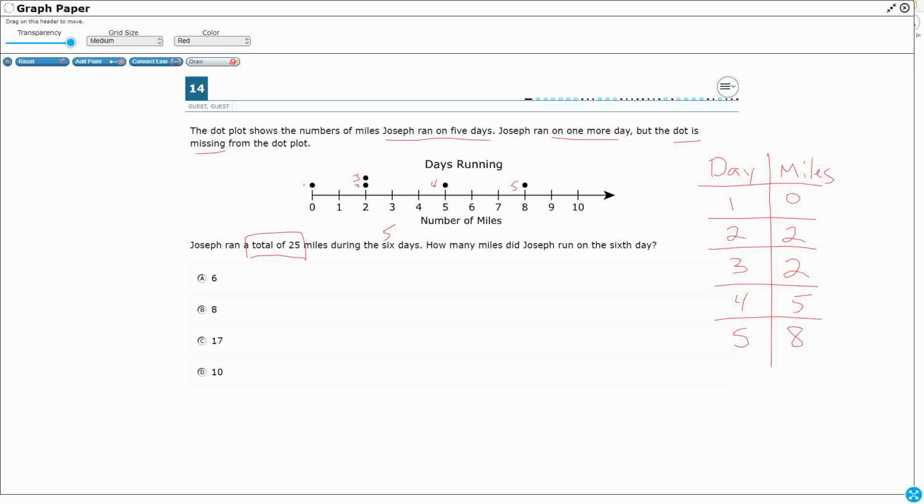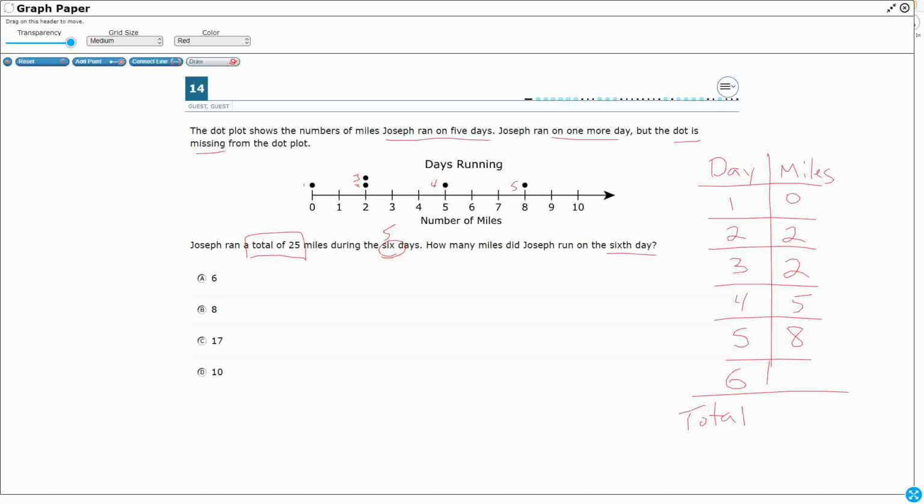All right, so he ran 6 days, and that's really what we're trying to figure out. How much did Joseph run on the 6th day? We've got our answers that we can choose from, 6, 8, 17, or 10, but they give us all the information we need because take a look, the total is 25.